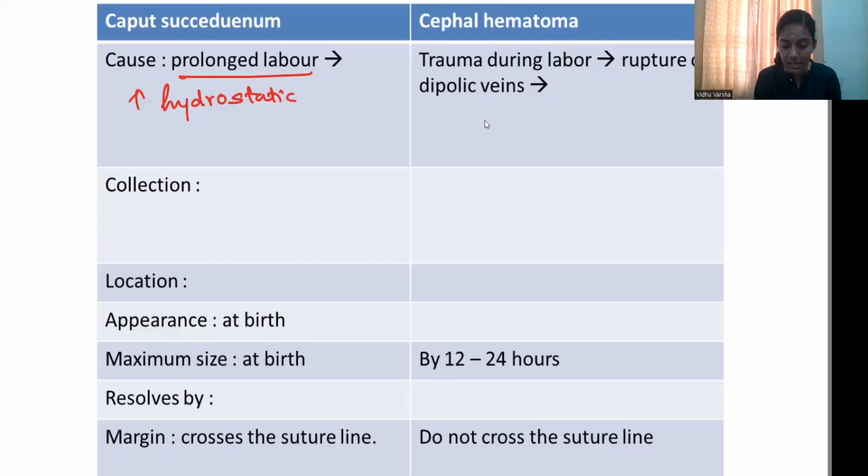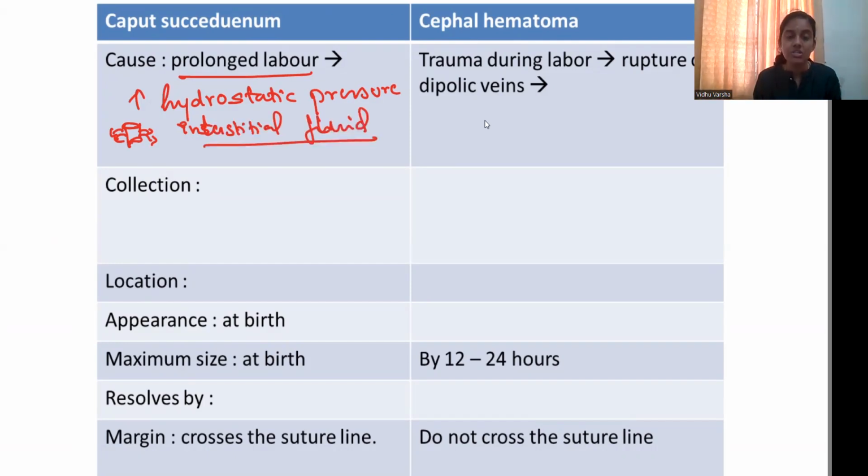Due to this increased hydrostatic pressure, interstitial fluid seeps into the subcutaneous plane, which is the reason for caput succedaneum. So the collection here is a serosanguinous fluid.